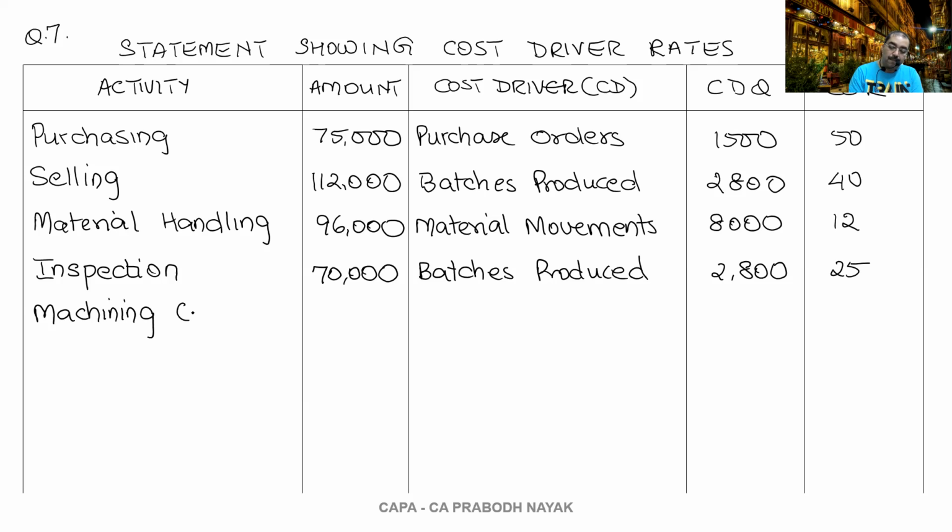Last one, machining costs, 1,50,000. Machine hours. Cost driver quantity 50,000. 150 by 50 is 3.